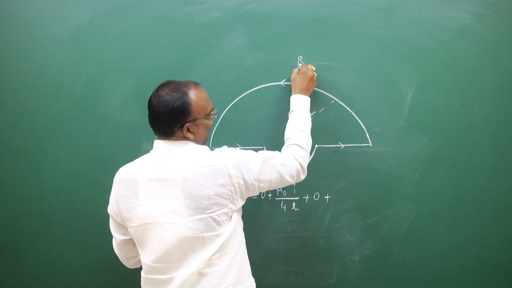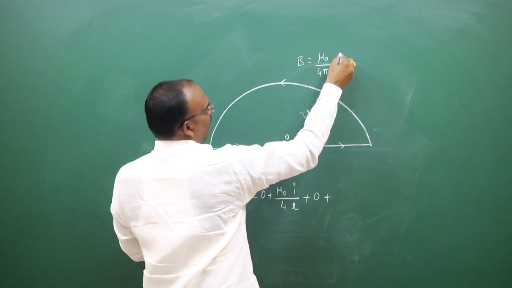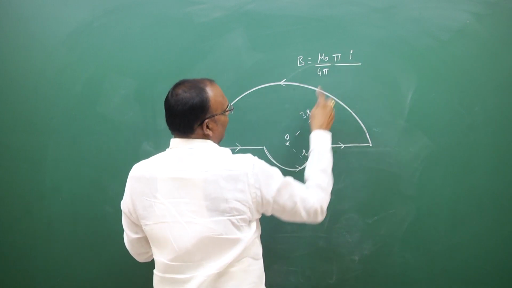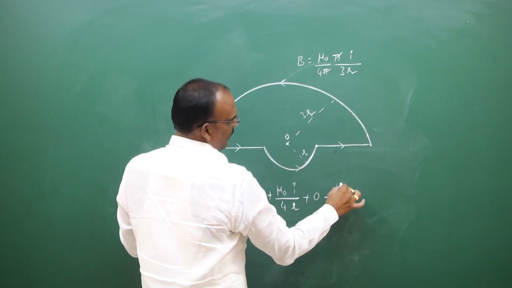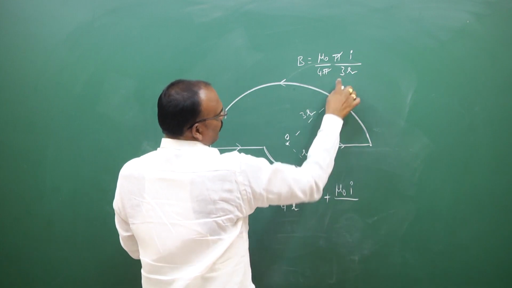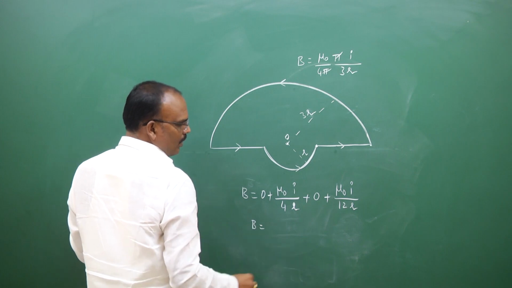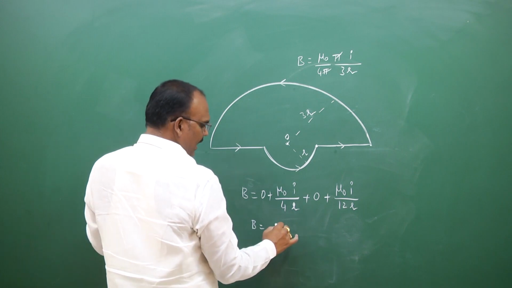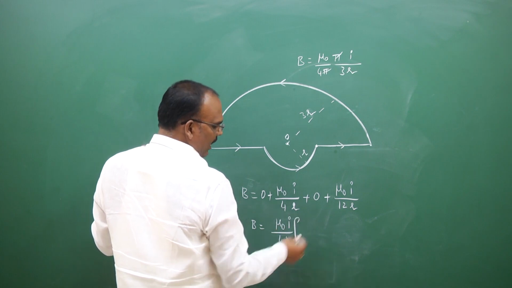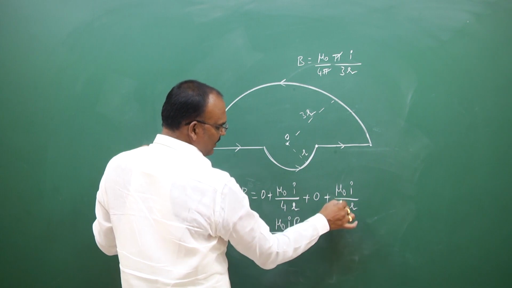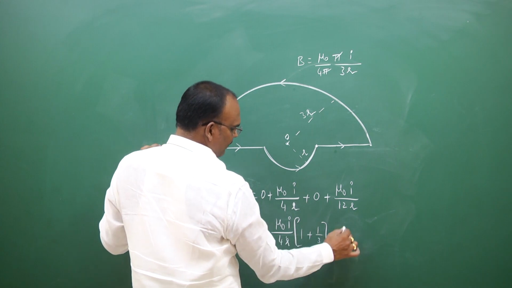For this I'll calculate here B is equal to mu naught by 4 pi. It is also semicircle, angle is pi, I by radius is 3r. So this pi cancels. So that's why this is mu naught I by 4 3s are 12, 12r. So B is equal to, this we can write like mu naught I by 4r can be taken common, then it is 1 plus this is 1 by 3. So you will get 4 by 3, 4 4 cancel.